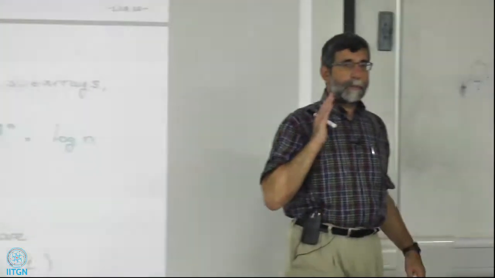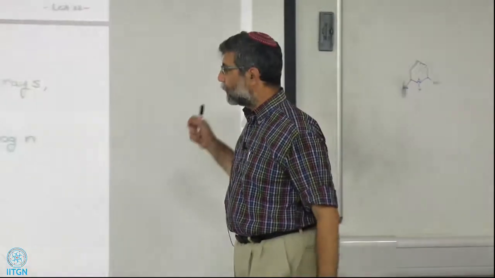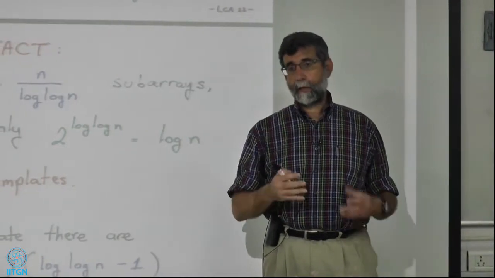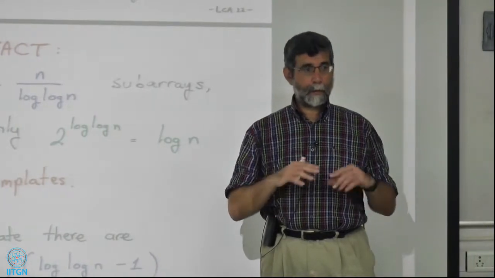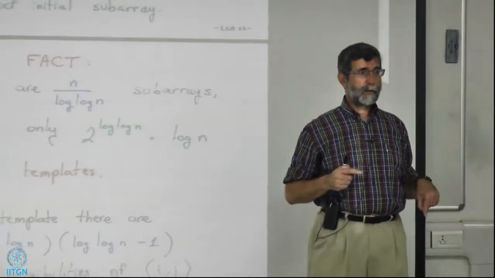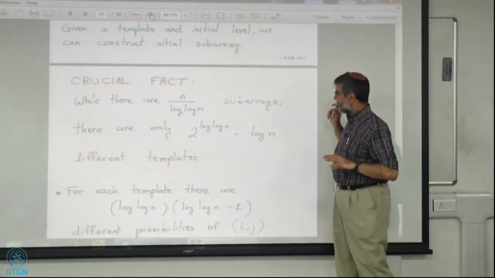So compute by brute force the range minimum for each one of these log n templates and write it down in a table that's log squared n.